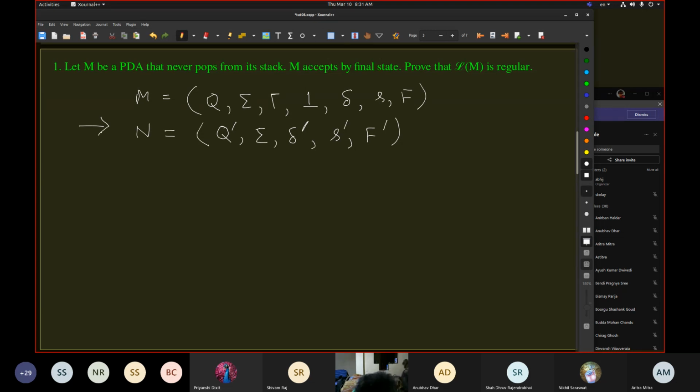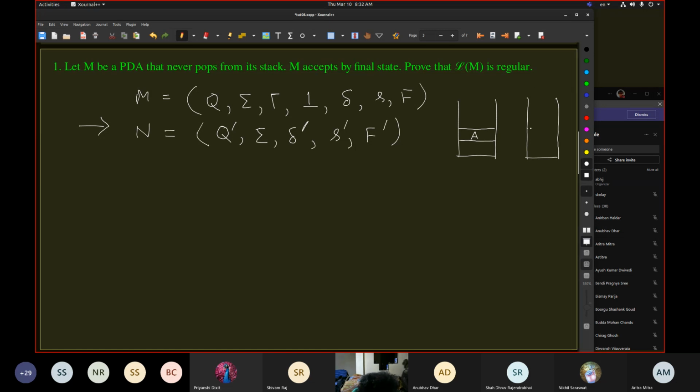Okay, so the idea is this. This machine never pops. So its working is governed by whatever it is consuming from the input, maybe epsilon, that is also allowed, and whatever is sitting on the top of this stack. Okay, now, after this transition, what is meant by never pops from its stack?